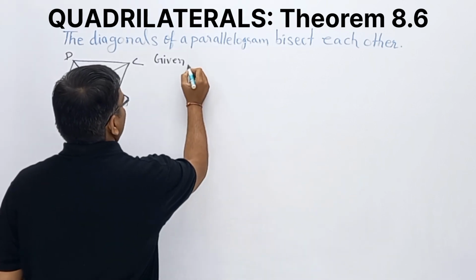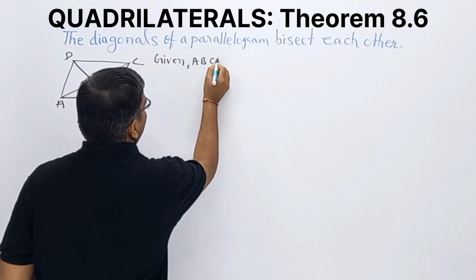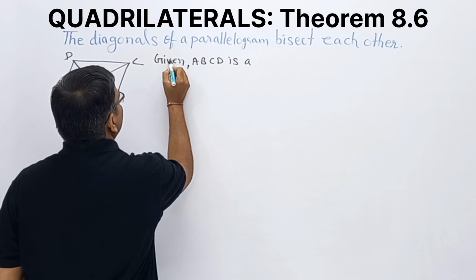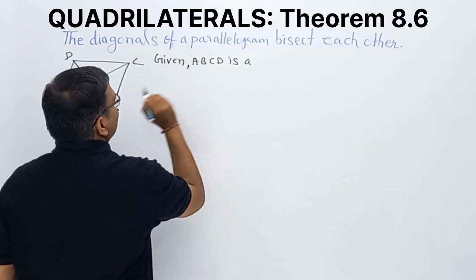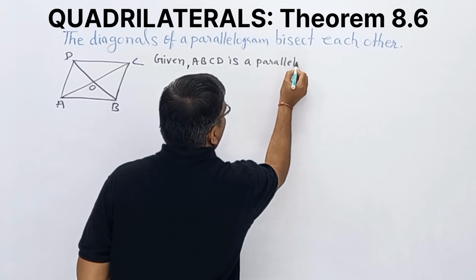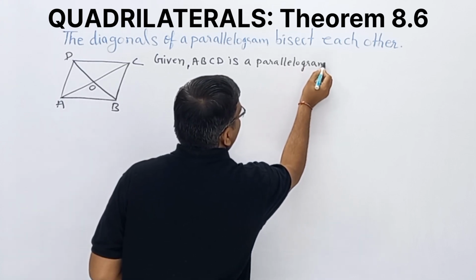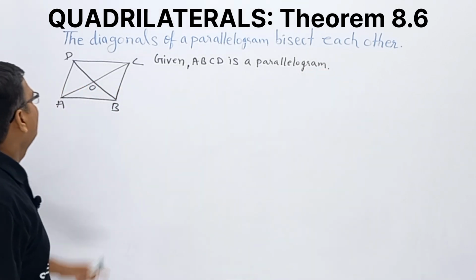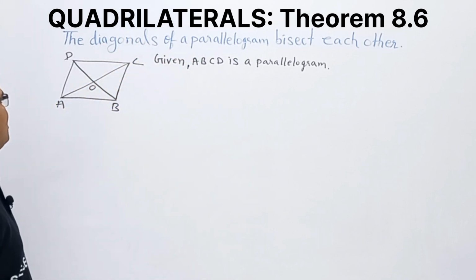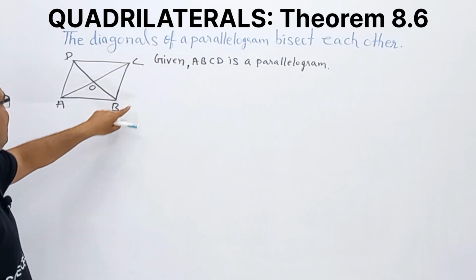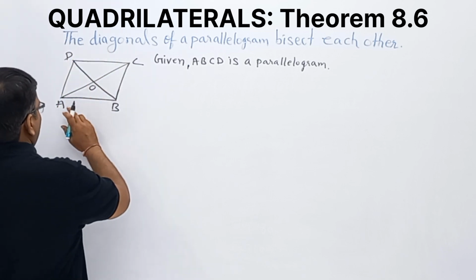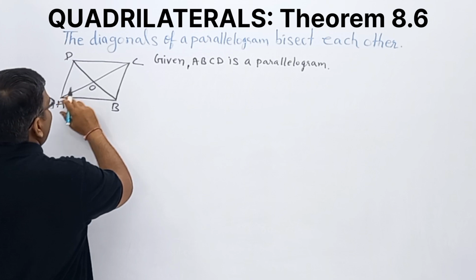Given: ABCD is a parallelogram. The diagonals of a parallelogram bisect each other. So we are assuming ABCD is a parallelogram, and its diagonals are AC and BD.